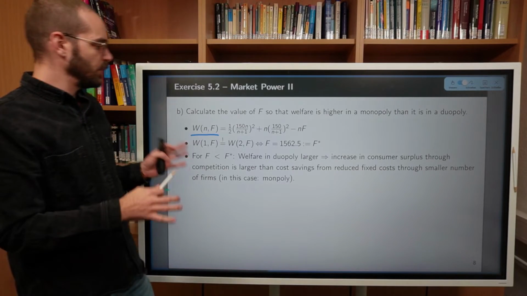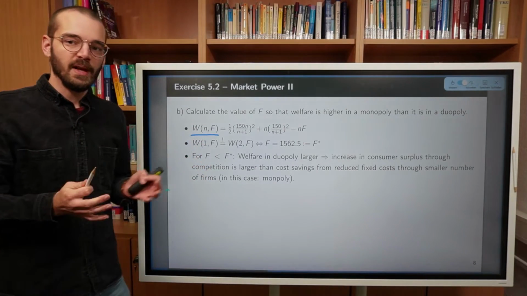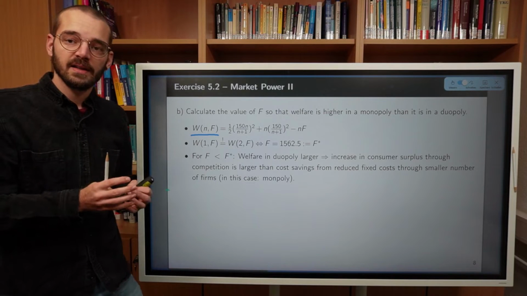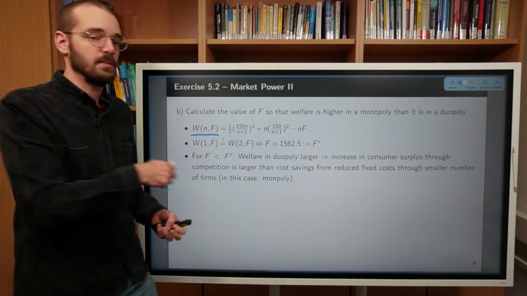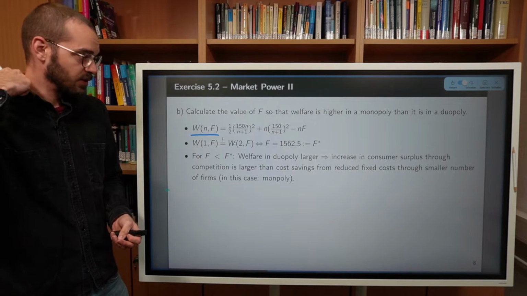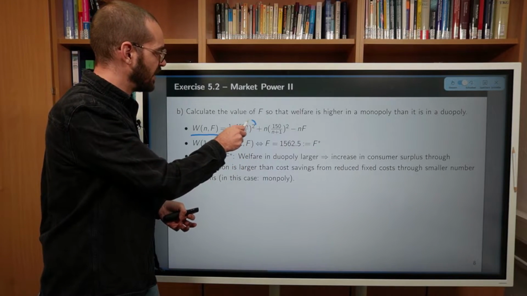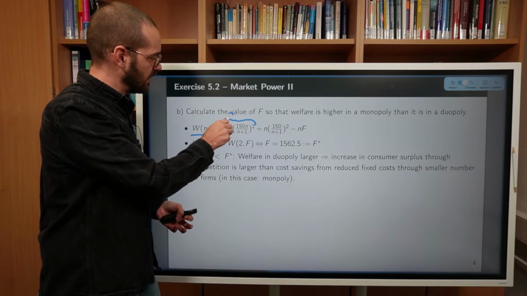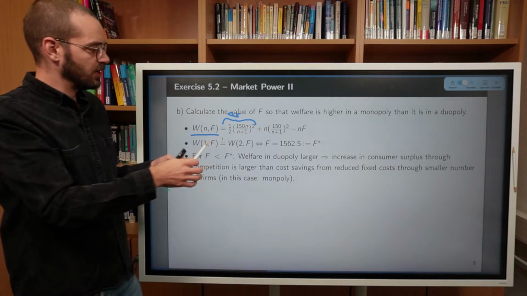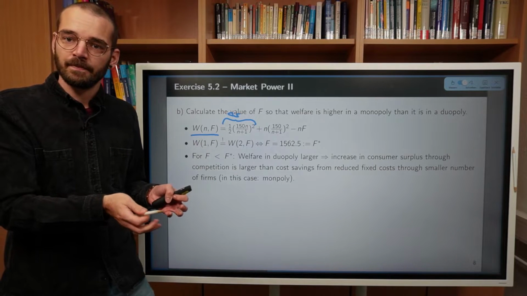All right, so we can express the welfare in the market as a function of the number of firms and the fixed costs that each individual firm has to pay to enter. Just to clarify, this first part is the consumer surplus as a function of the number of firms.